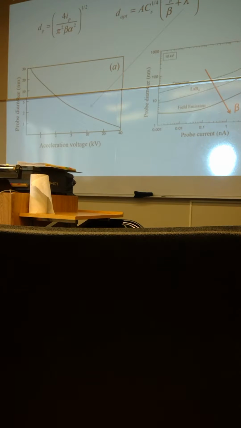In the next one, as you can see, as the brightness increases, you get a better, finer probe size. Yes? What does the P signify? Just the probe? The D of the probe, but this is the optimal because now they're also including the CS correction and wavelength and all that. So the more critical expression is this D optimal.